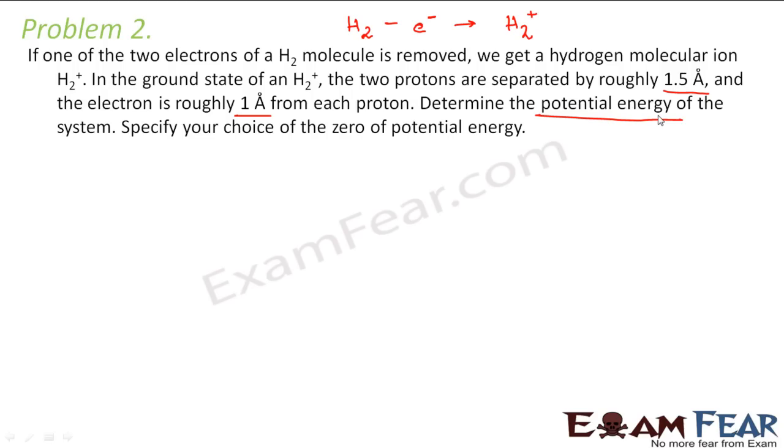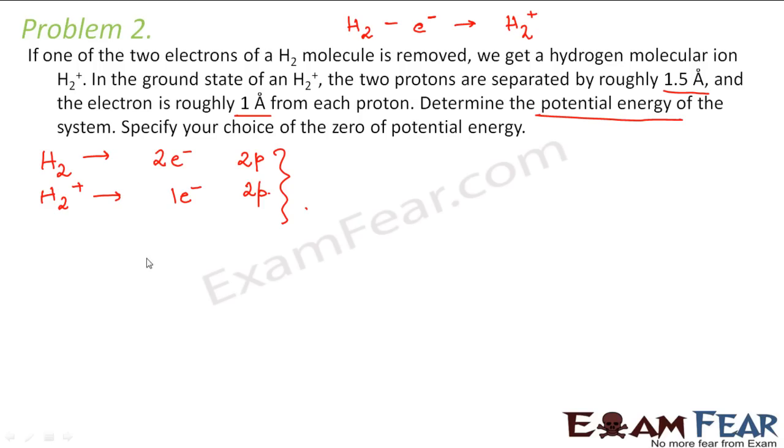So before we start calculating potential energy, let us understand this system. In a hydrogen molecule, when I talk of a hydrogen molecule H2, how many electrons and protons do you have? You will have 2 electrons and 2 protons, right? Now when this hydrogen loses 1 electron, it becomes hydrogen ion. So now how many electrons does it have? It has 1 electron and 2 protons, right?